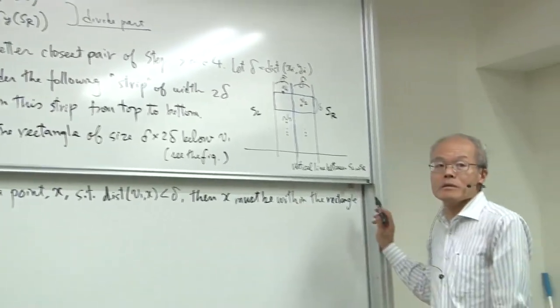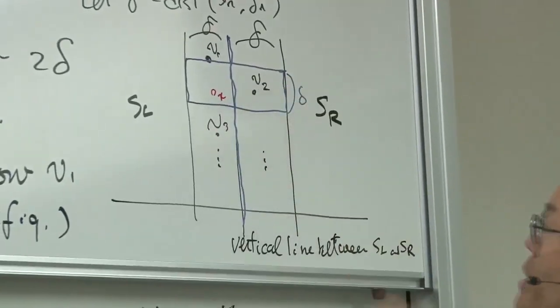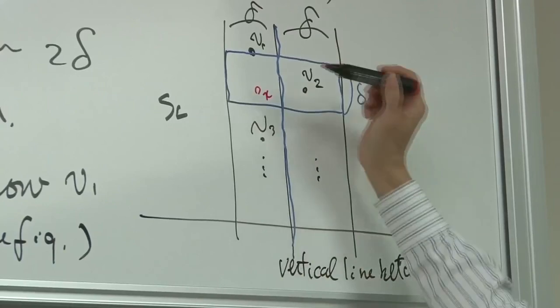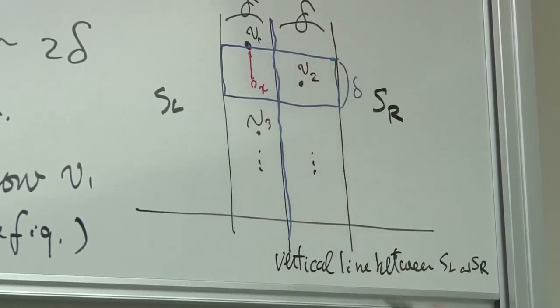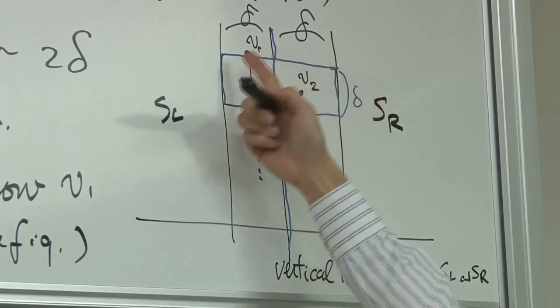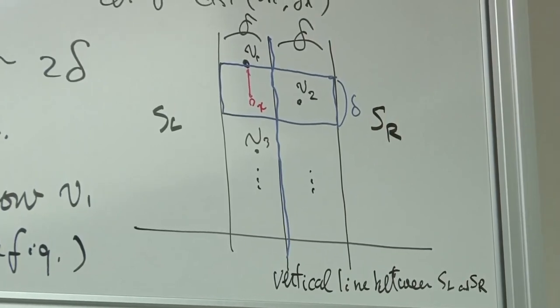If there's a point x whose distance from V1 is strictly less than delta, then this point x must be in this rectangle. Why?